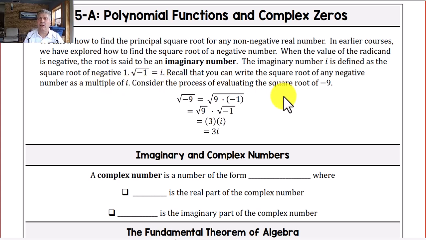Consider the process of evaluating the square root of -9. So the square root of -9 then is 3i.